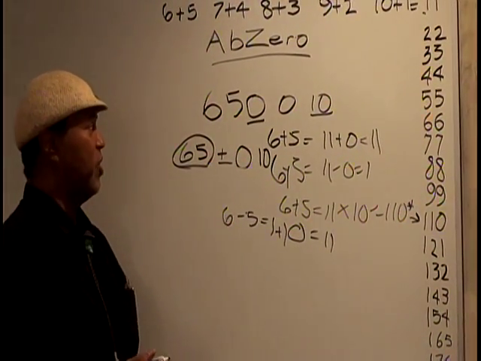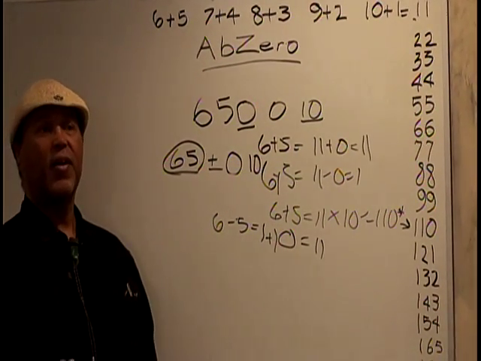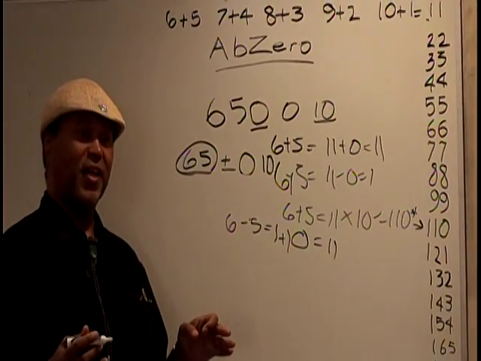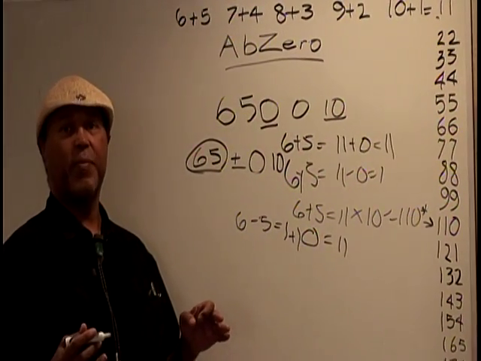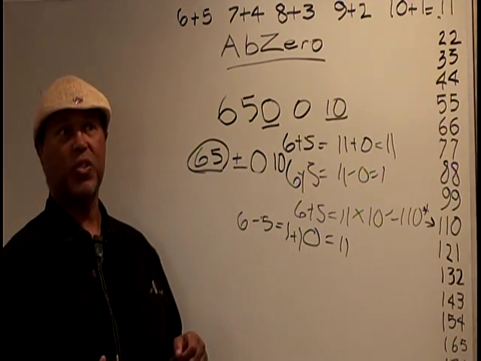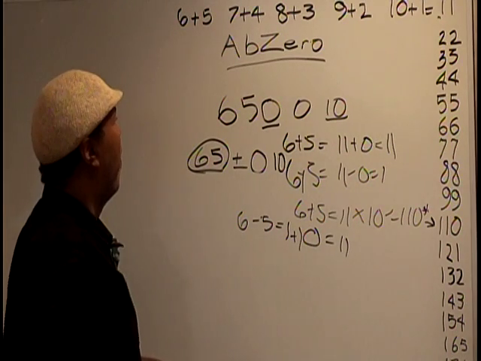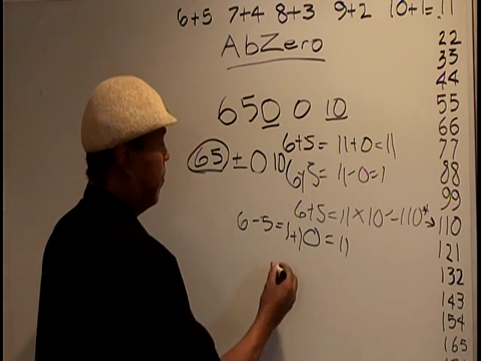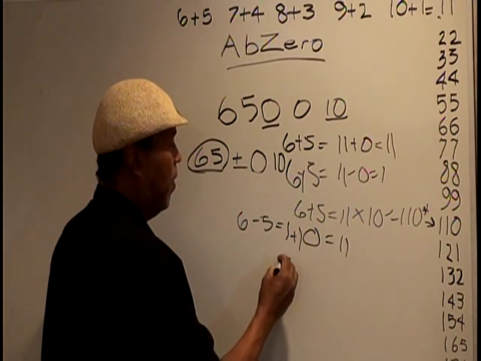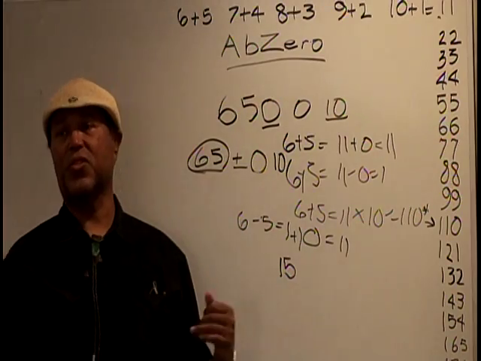In arriving at scores, any solution that is above 11 scores a positive point, or any solution that's below 11 scores a negative point. So let's say we scored 15. This is actually not a score, this is a solution.